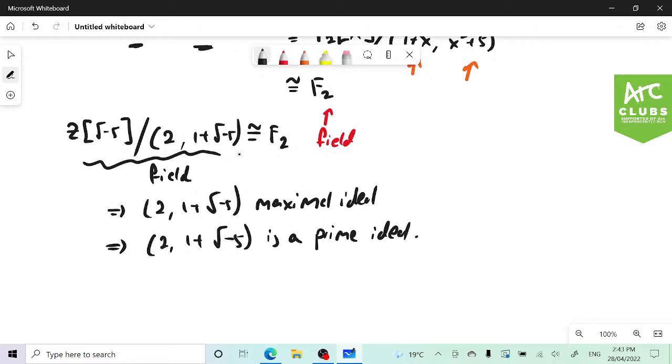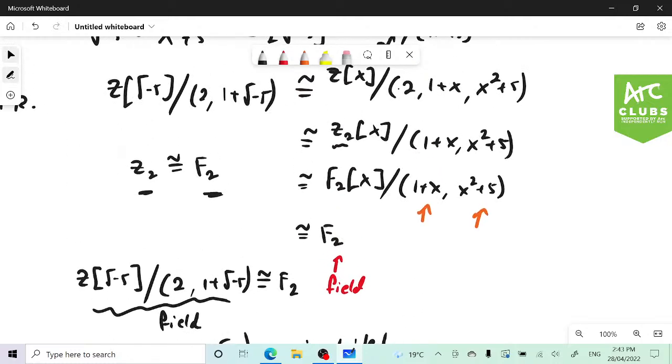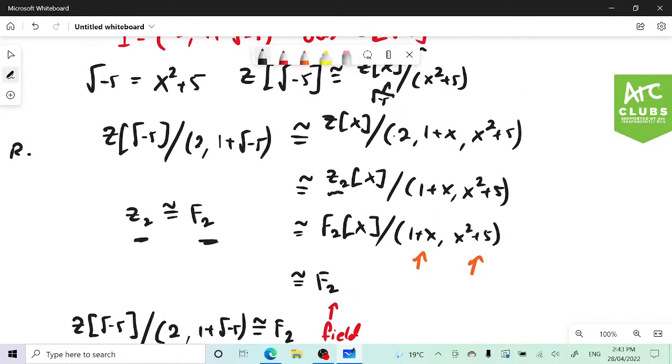Cool. So the hard part is figuring out this isomorphism, but you can justify these isomorphisms just by looking at irreducible elements in this ring here. And once you've figured that out, then it's easy to see that it's isomorphic to the field of two elements.